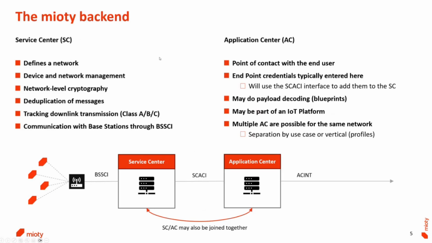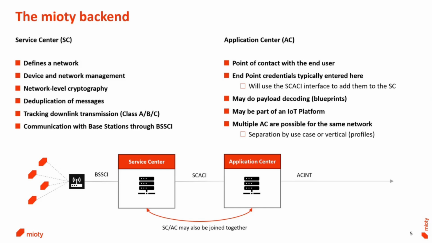If we go one step deeper, this might be a little bit more technical for you, but I think it's mandatory and interesting because it's different to some other technologies, that we separate the service center and application center. So what are the tasks for the service center? The service center defines the network, gives you security on network level, and sorts out multiple messages that are received by multiple gateways.